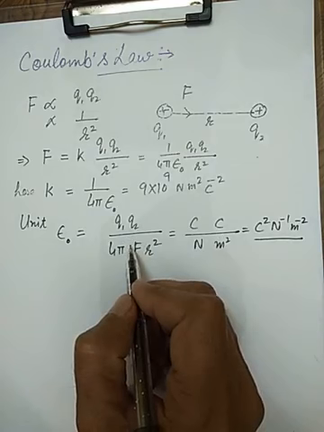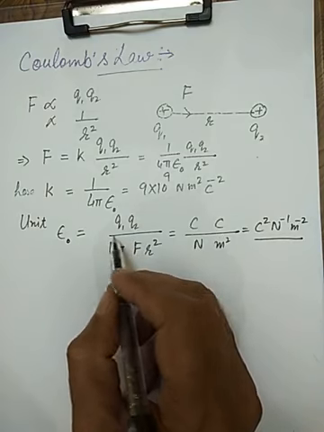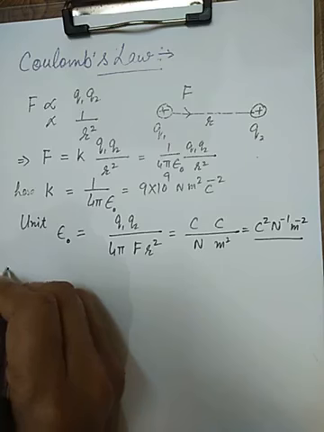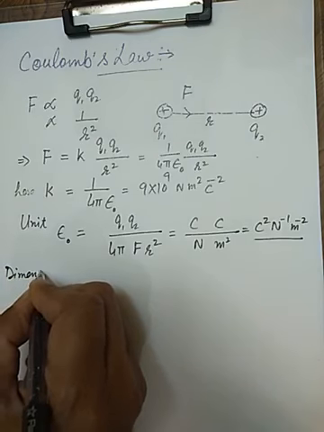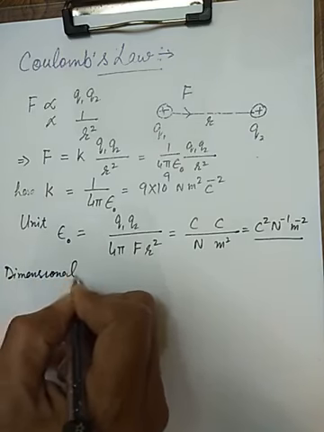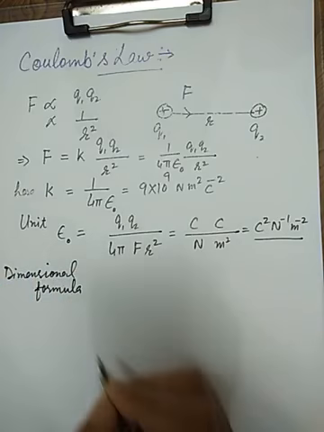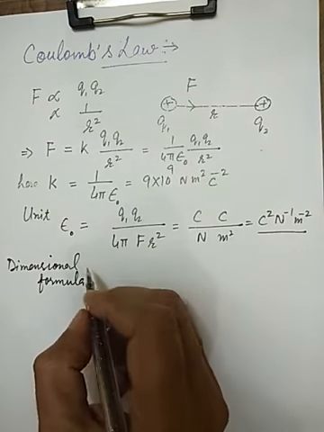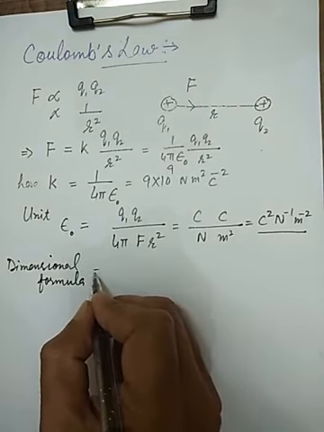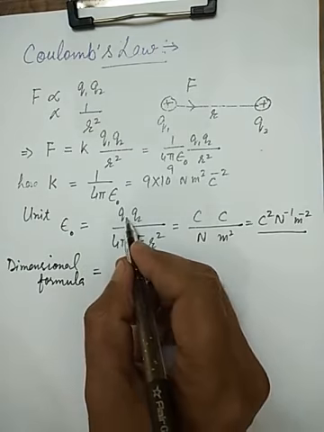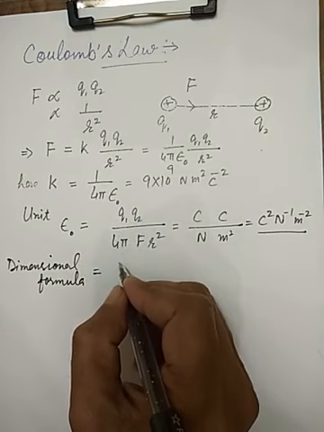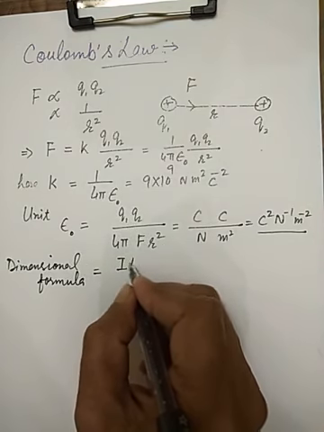From this relation, we can also find its dimensional formula. For charge, we can write current into time, IT.